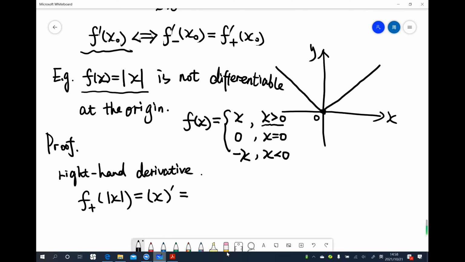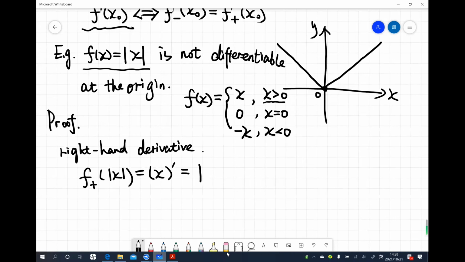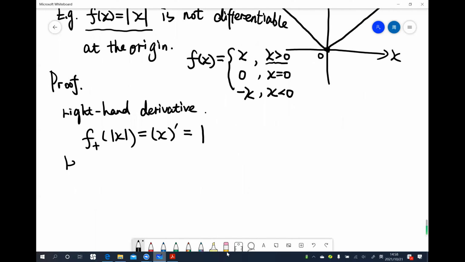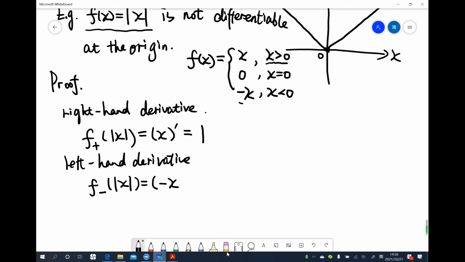Remember that x prime equals 1. If now I consider the left-hand derivative, that means x is smaller than 0, so the function is minus x, and minus x prime equals minus 1.